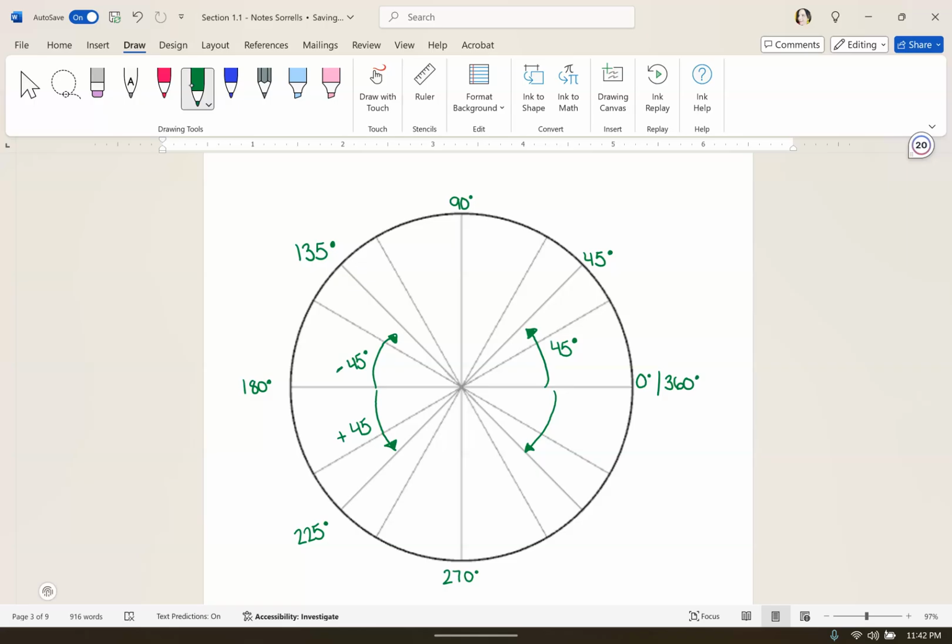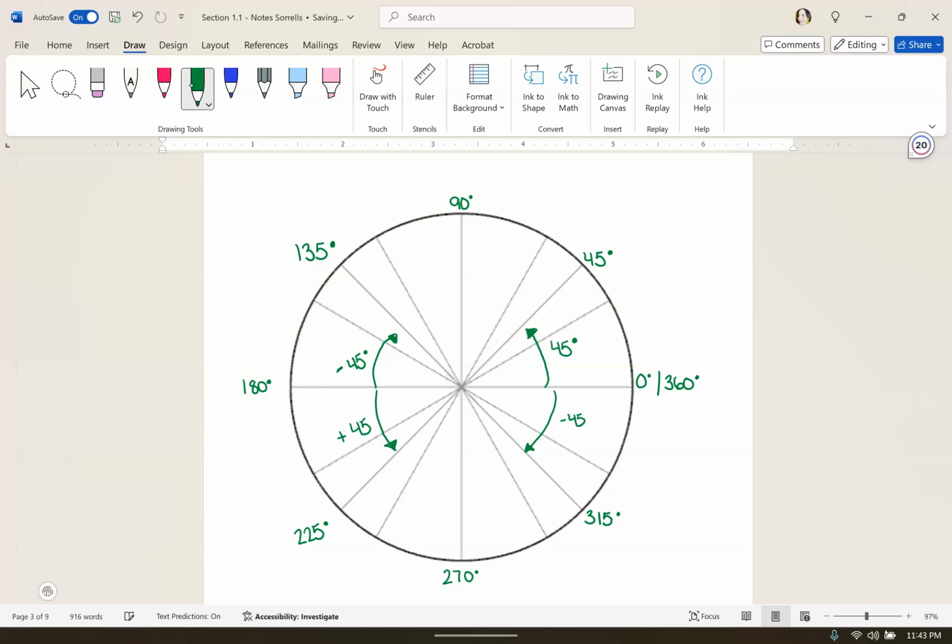Here, I would actually have to go this way 45. So let's think about this. We already know this number is in quadrant 4, so it has to be between 270 and 360. We're not going to subtract 45 from 0, because that would give us a negative number. So I need to do 360 minus that 45, and we get a value of 315 degrees.